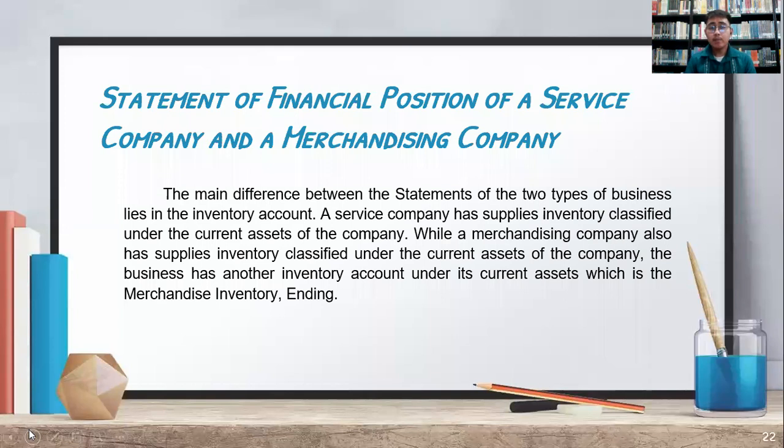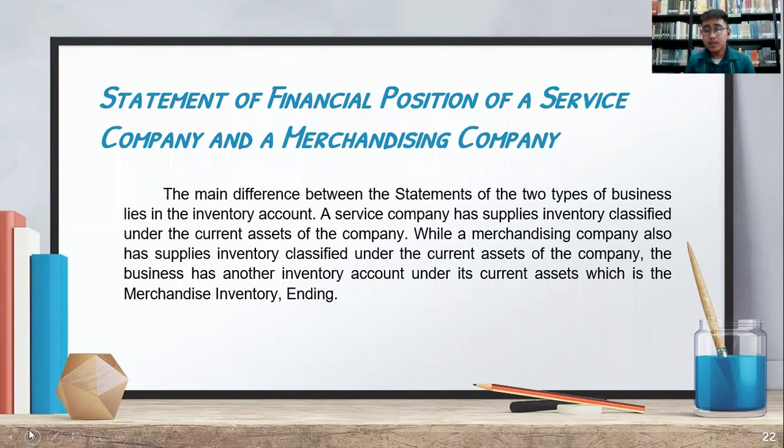So now we proceed to the statement of financial position of a service company and a merchandising company. So the main difference between the statements of the two types of business lies in the inventory account.